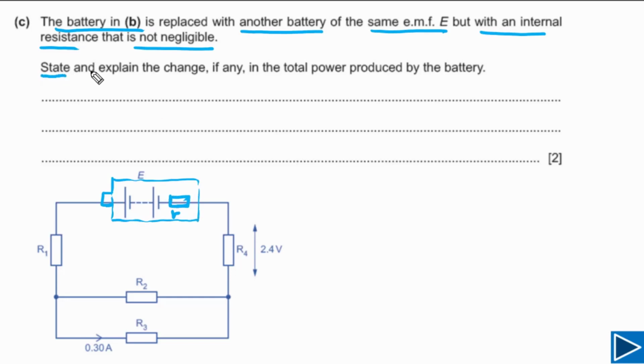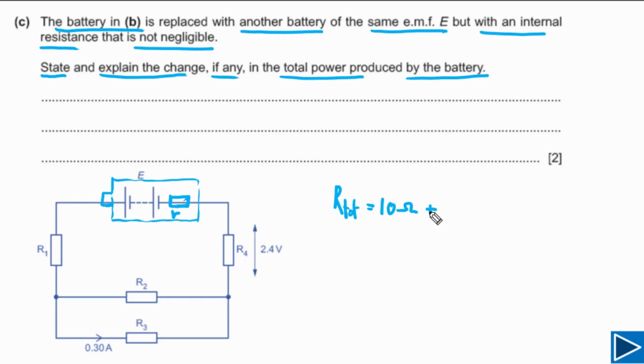Now the question is asking us to state and explain the change, if any, in the total power produced by the battery. In order to answer this question, first thing we need to consider is whether the total resistance of the circuit is increasing or decreasing. We have already calculated the total resistance of the circuit, that was equal to 10 ohms.